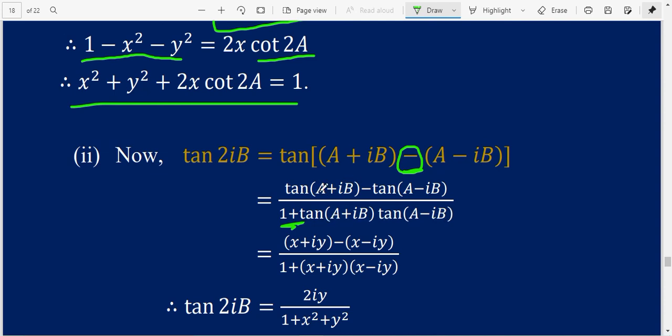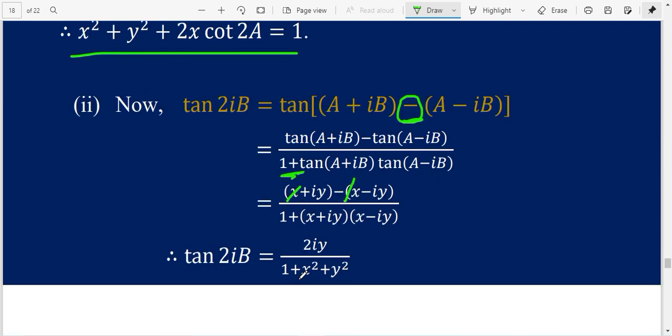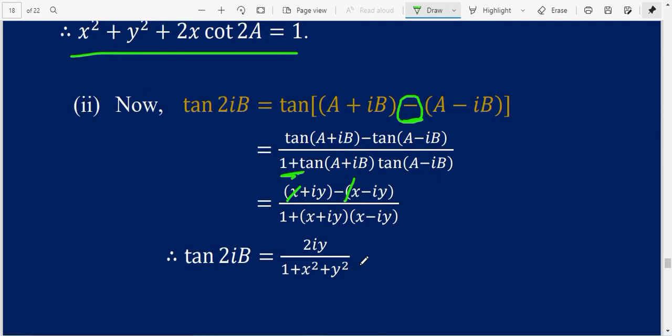Put the values: x plus iota y minus x minus iota y upon 1 plus (x plus iota y) into (x minus iota y). Simplifying this, we get 2 iota y upon 1 plus x square plus y square.